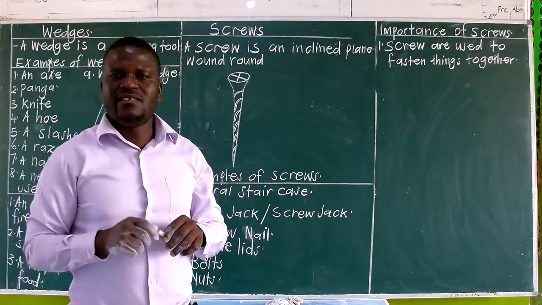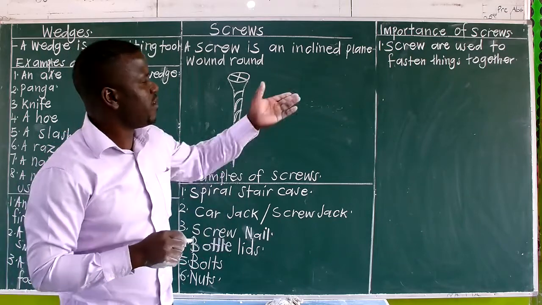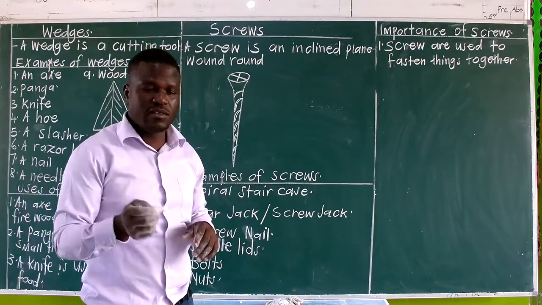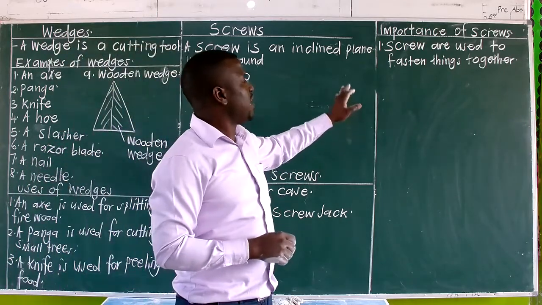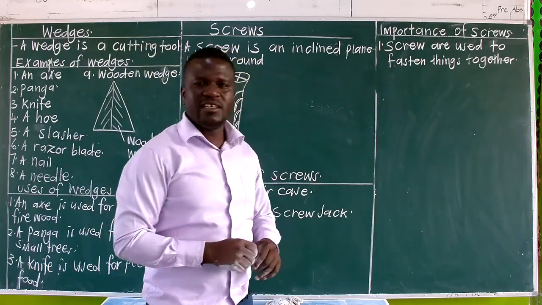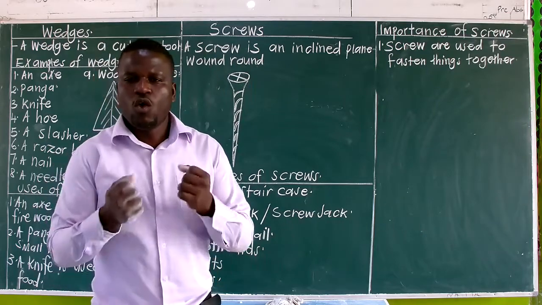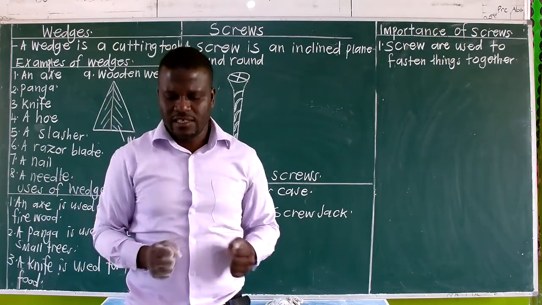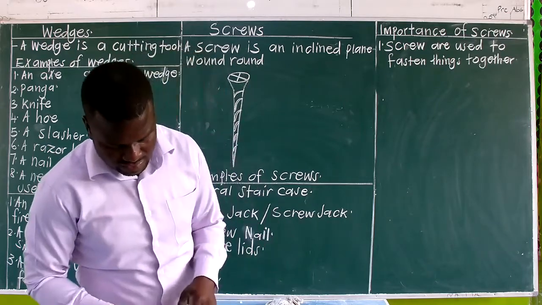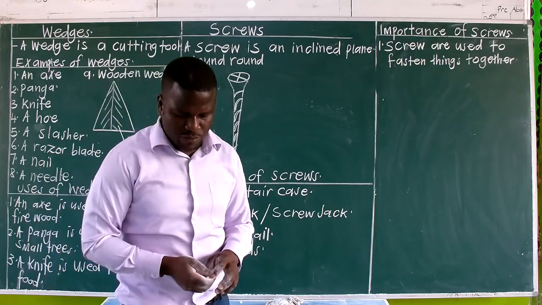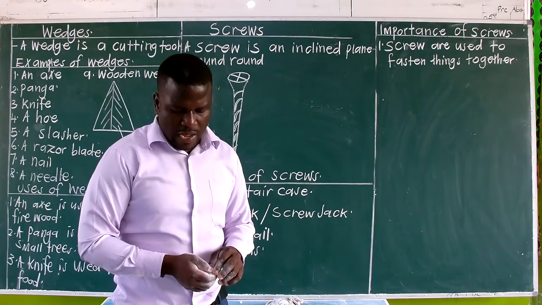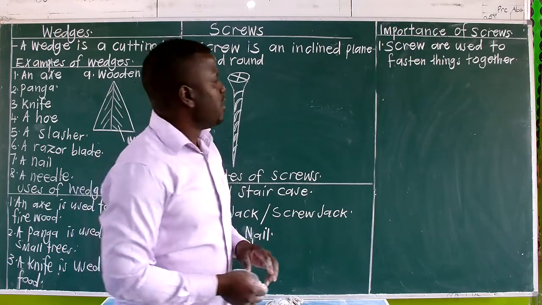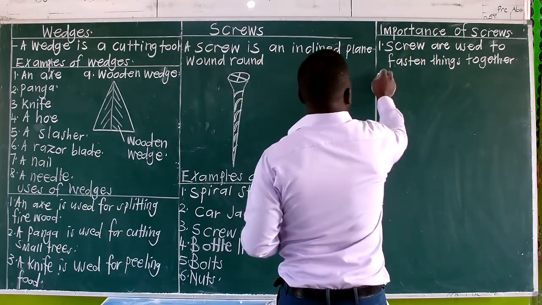That tightening is made by the help of a screw, which is a bolt and a nut. So we say screws are used to fasten things together, to hold things tightly together. That's what we mean by fastening. Then number 2, screws make movement upstairs easy.